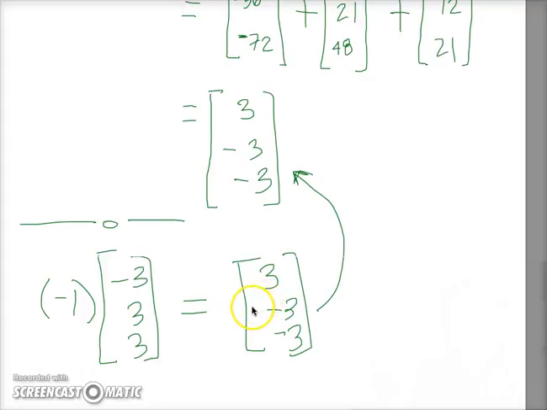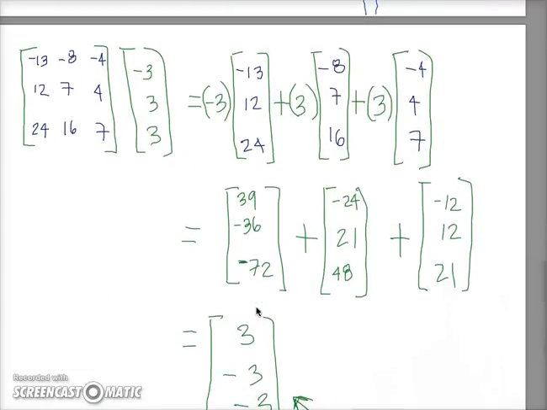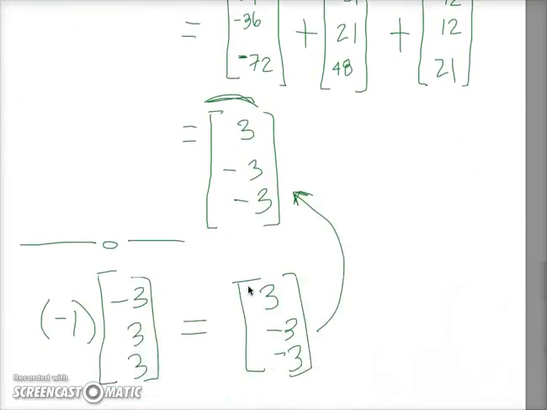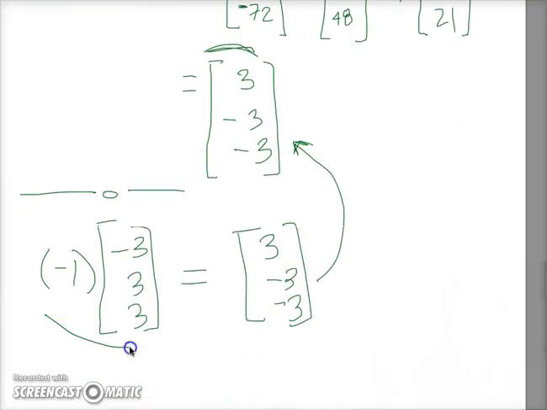Indeed, they match. The matrix vector product is equal to this column vector, and the scalar vector product is equal to this column vector, and both of those column vectors are equal to the same thing.